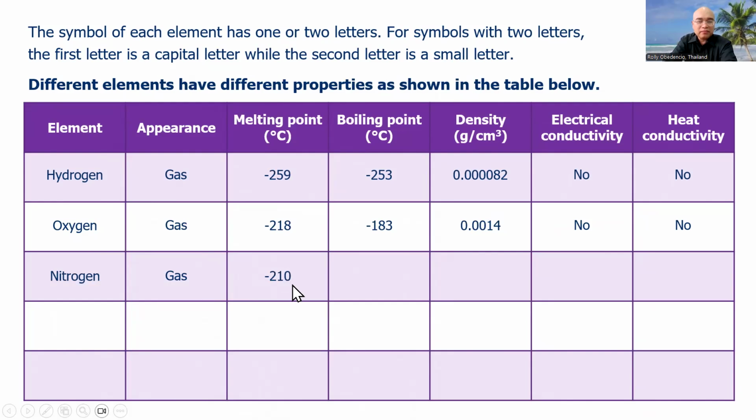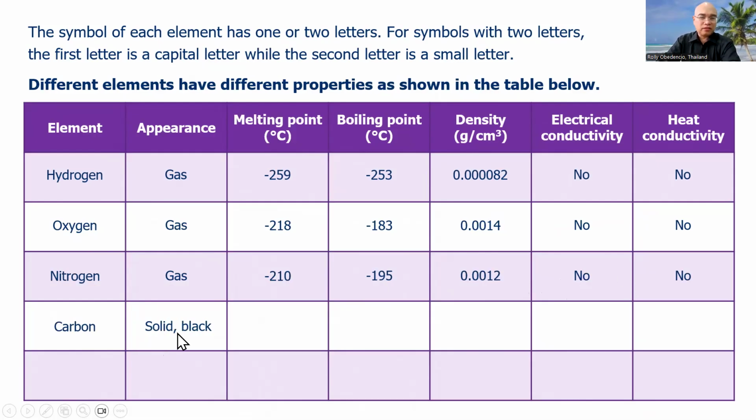It melts at minus 210 degrees Celsius and it boils at minus 195 degrees Celsius. The density is 0.0012 grams per cubic centimeter, and there is no electrical conductivity, no heat conductivity.